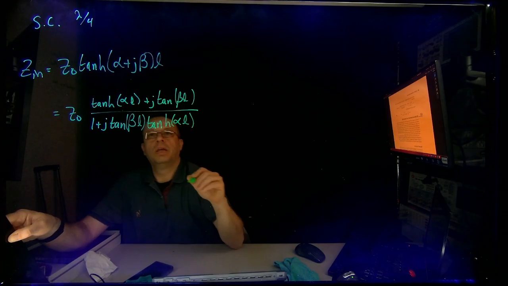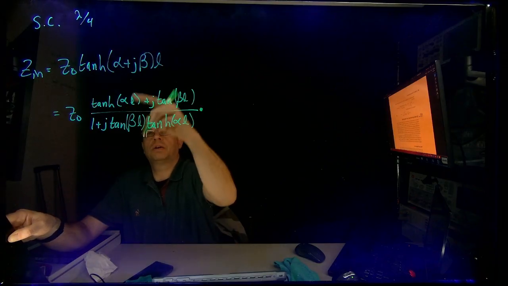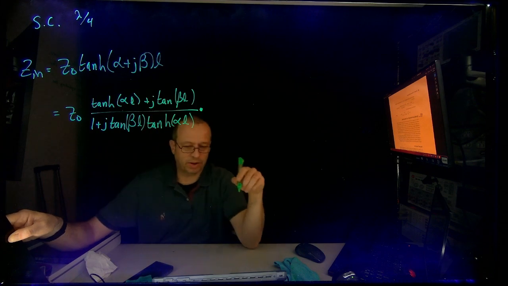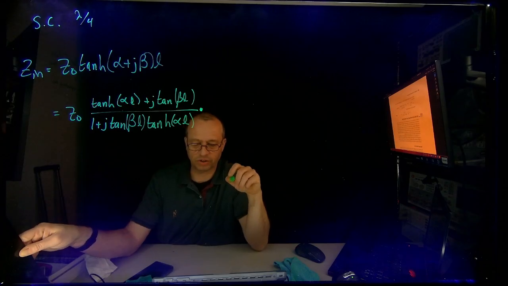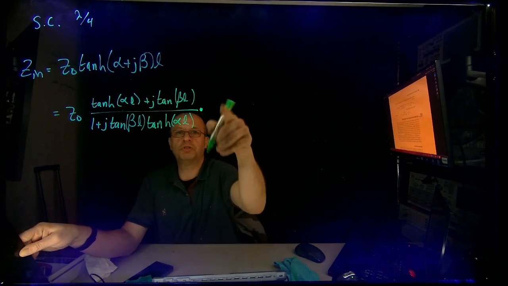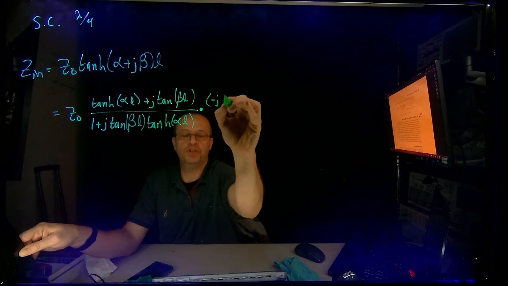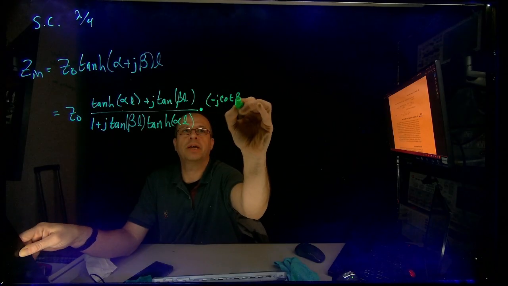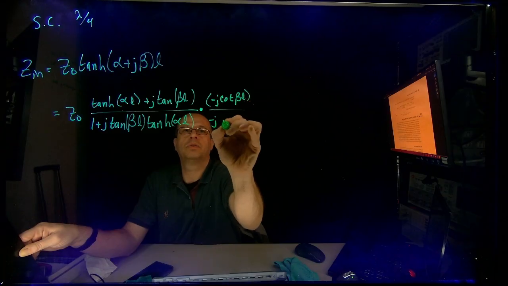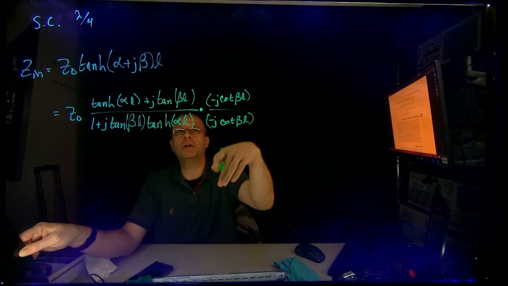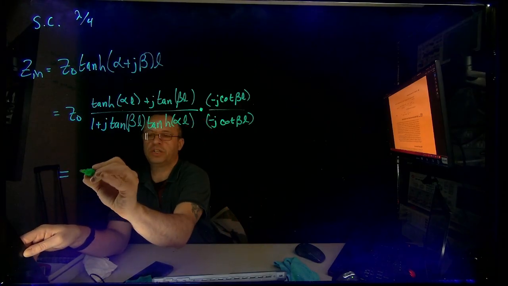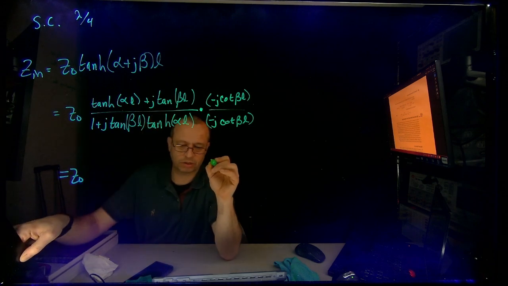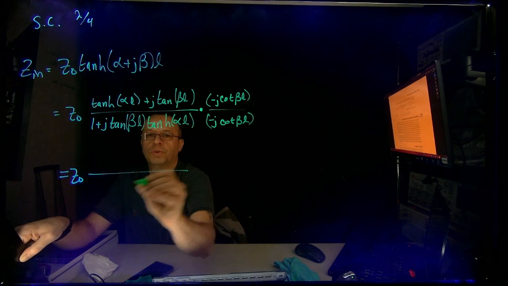Okay? This is where it's getting a little confusing because I don't want it to look like this. I want to change this around. And one of the things that your textbook does is to make this a little easier to work with. We are multiplying the top and bottom by minus j cotangent beta L. So we're going to multiply it by 1, which just happens to be minus j cotangent beta L. We're just changing the form of this to match closer to what we need it to for the rest of this problem.